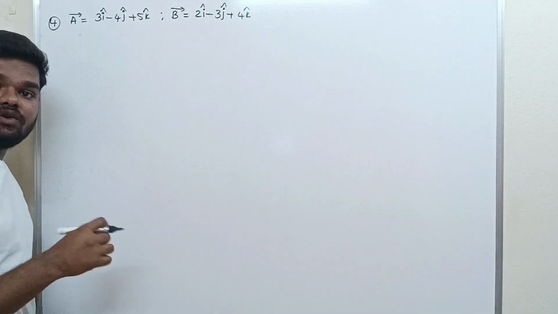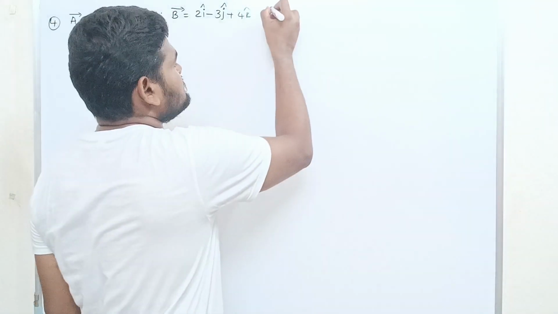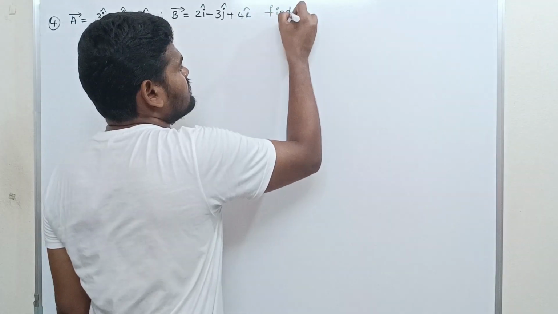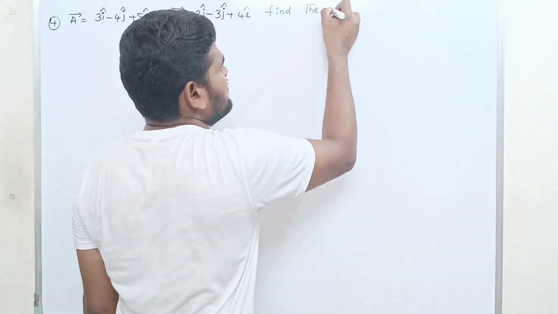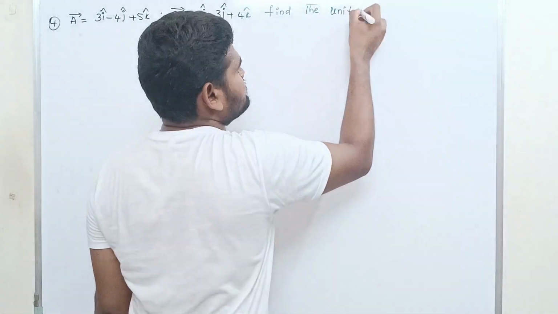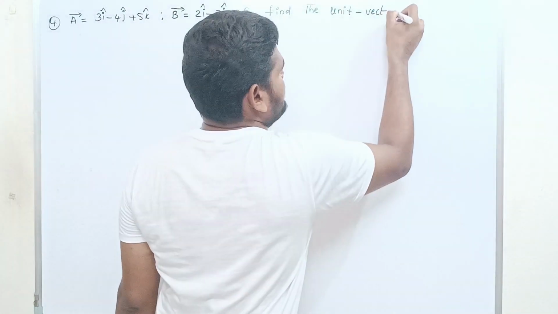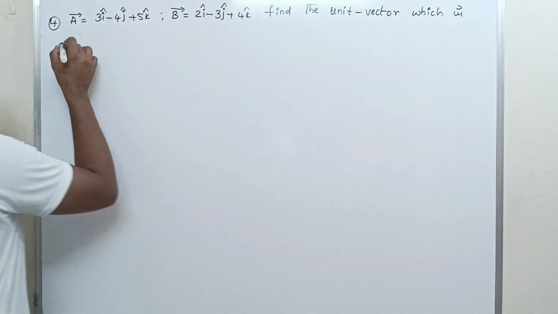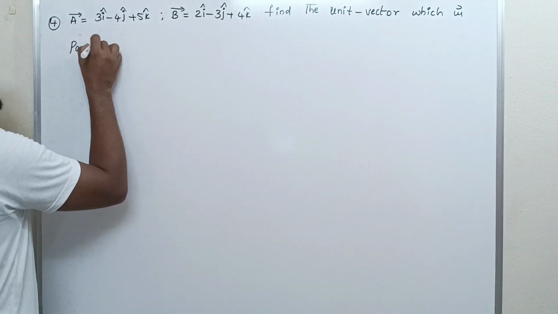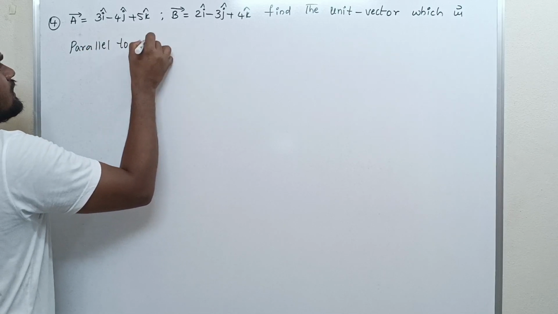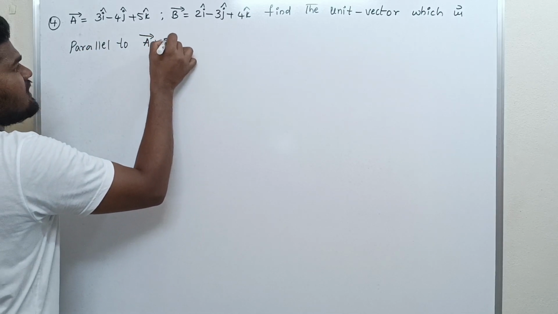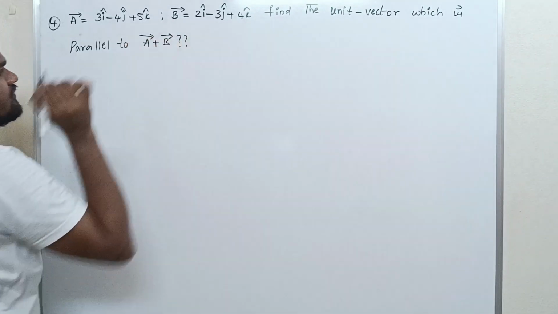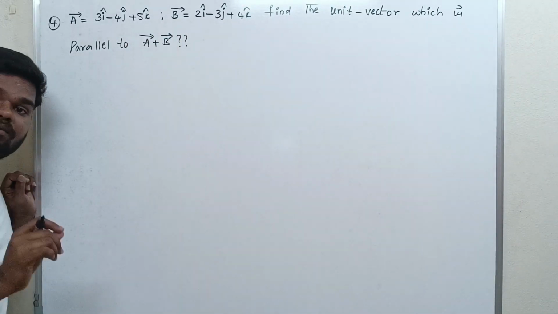These are the two vectors given, and they are asking us to find the unit vector which is parallel to a bar plus b bar.